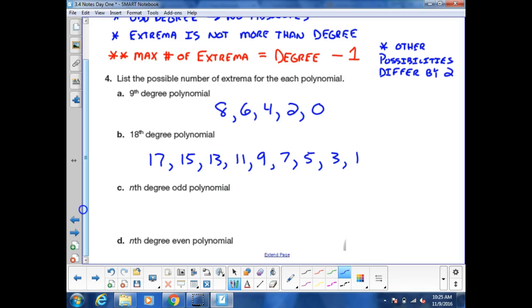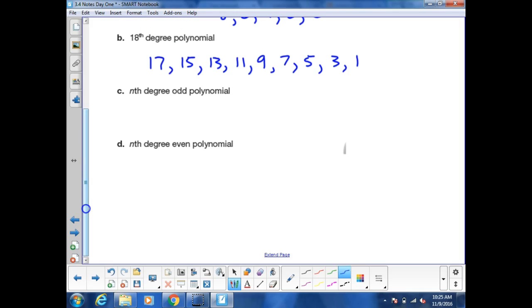So for an nth degree odd polynomial, the maximum would be n minus 1, correct? And then that's going to go all the way down until we get to 0. And they will always differ by 2.